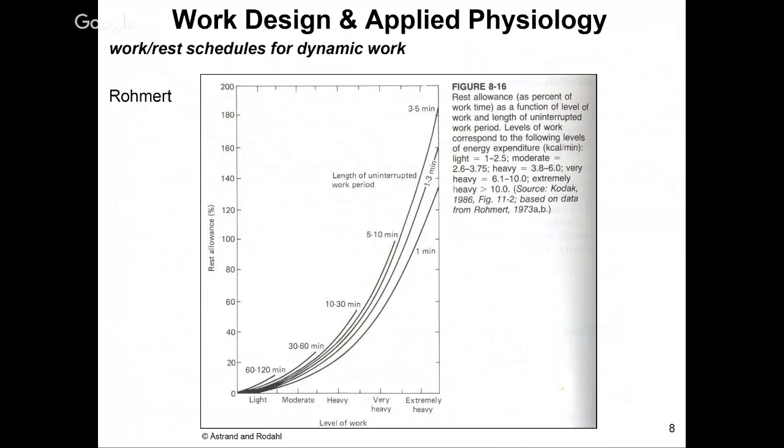And then each of these lines represents a duration. So if you're doing light work, you can do that for 60 to 120 minutes without a whole lot of rest allowance. But if you're doing, for example, extremely heavy work over a period of 1 minute, then you can see how it changes there.